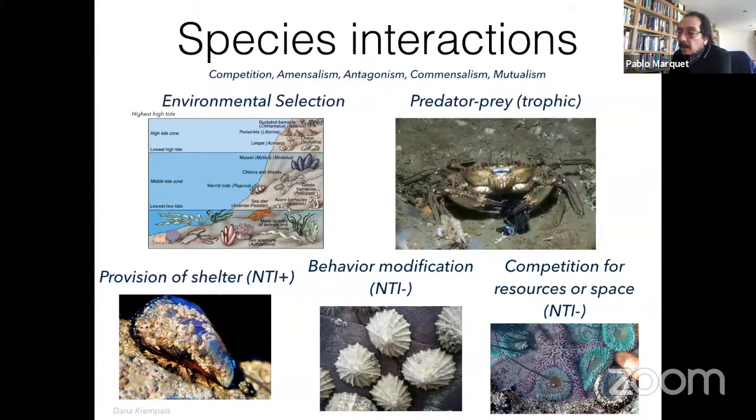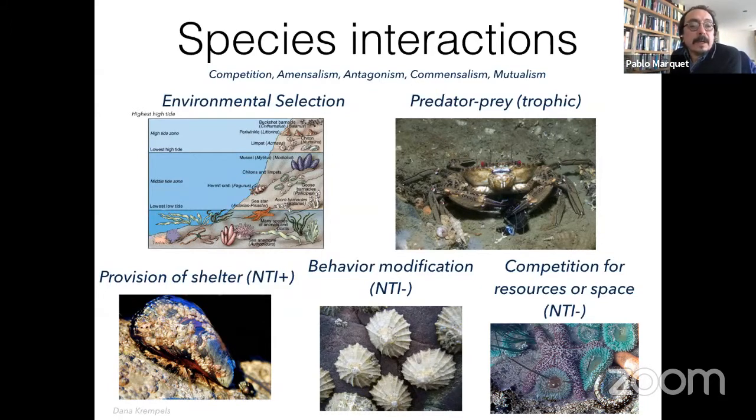You can also have behavioral changes that create a better possibility to escape predation, for example, just gathering together. Or you also have non-trophic interaction associated to competition for space or resources. All these are interactions going on in ecological networks. So you have positive, you have negative, you have direct ones associated to trophic interactions, and also you have indirect interactions.